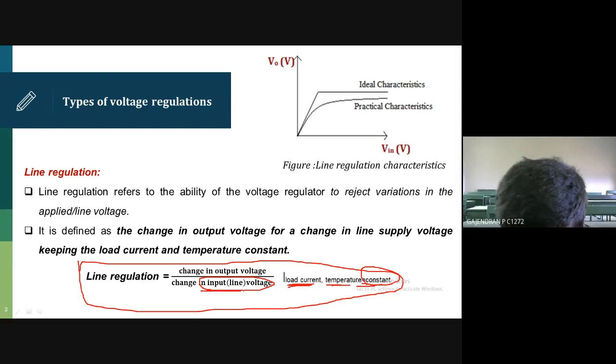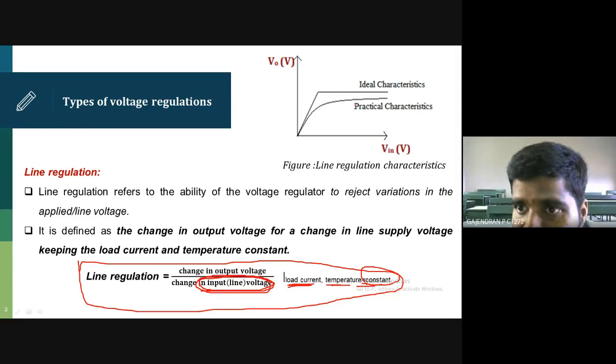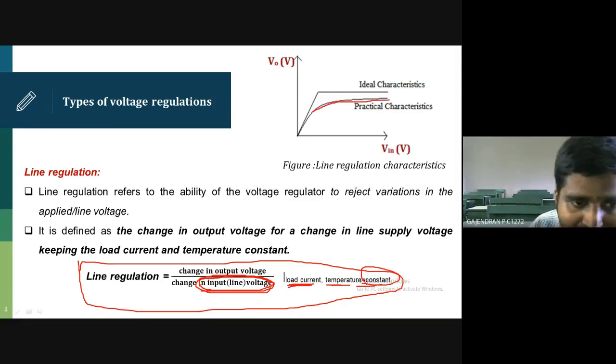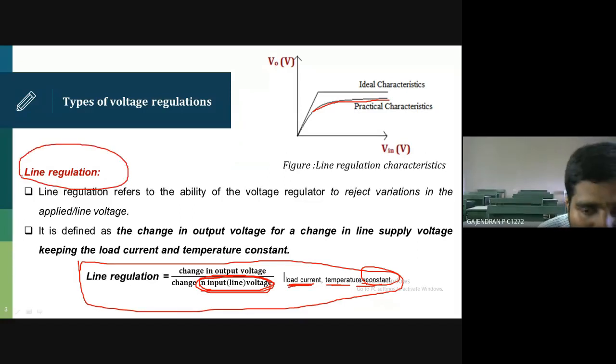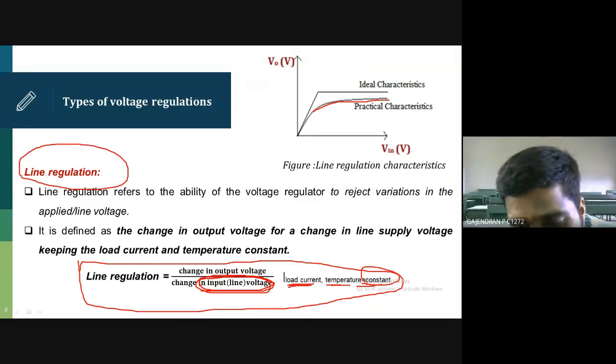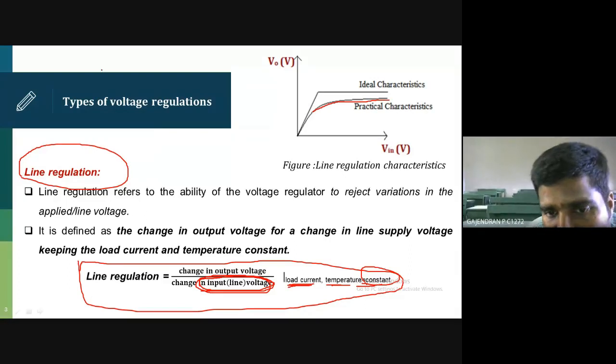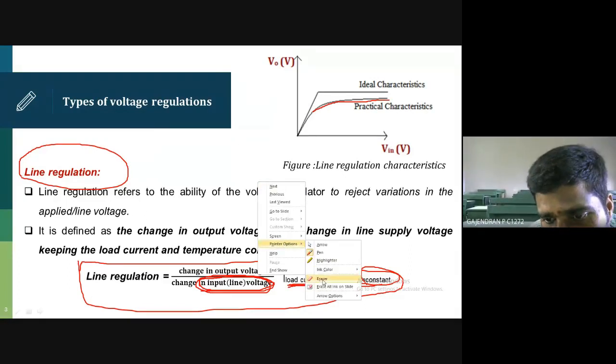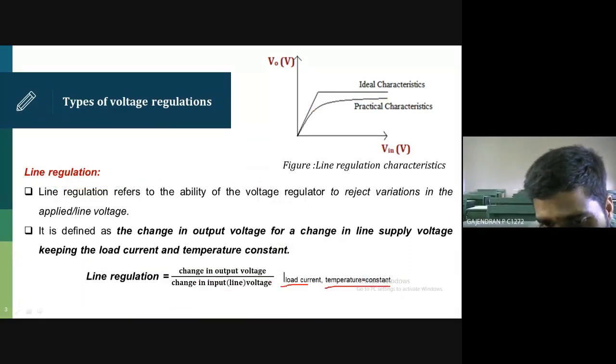Only the input voltage மாற்றம். If I change the input voltage, there will be a change in output voltage. This is the practical case. Okay, well, that is called line regulation. Is it clear? இதுல எது எல்லாம் constant? எதை மாத்திரம்?